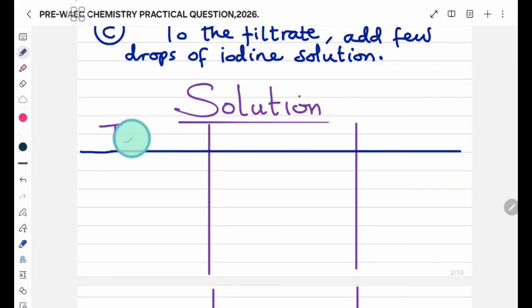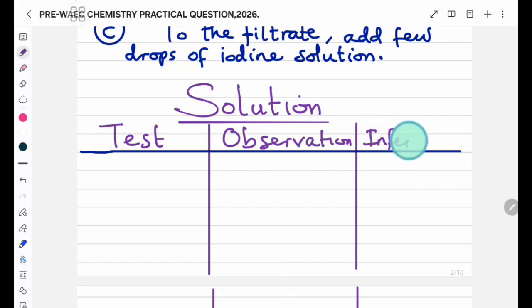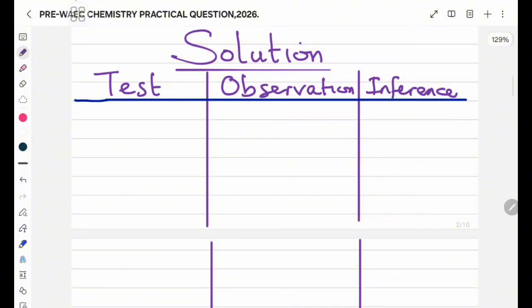On this column, you write test, observation from the test you carried out, and inference. That's the conclusion of the test and observation carried out from the analysis.